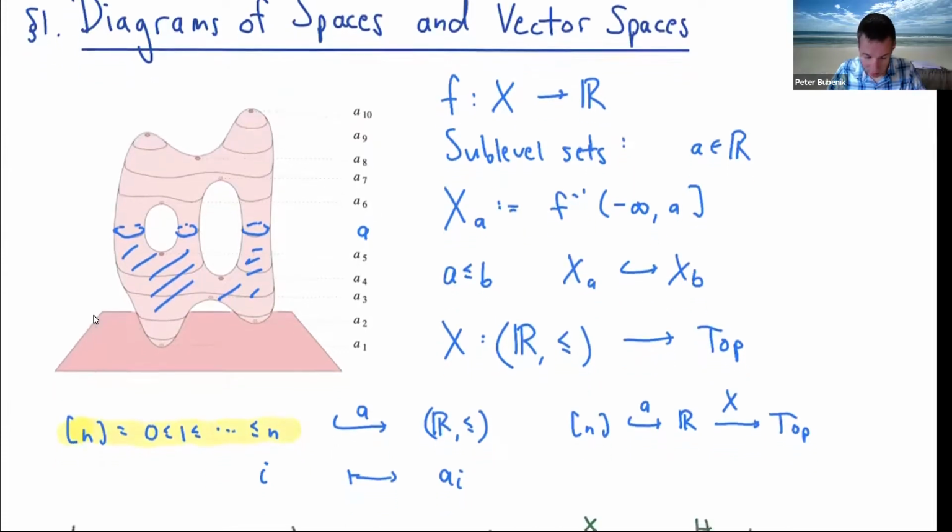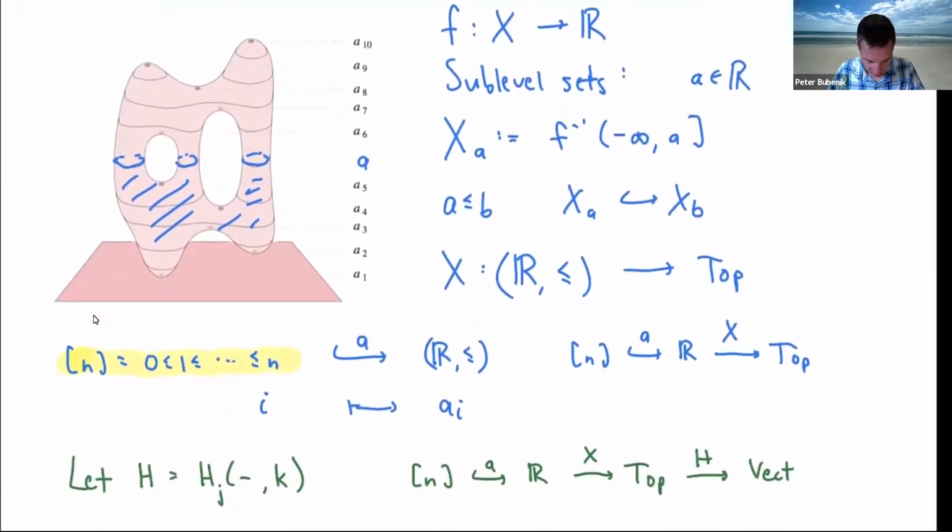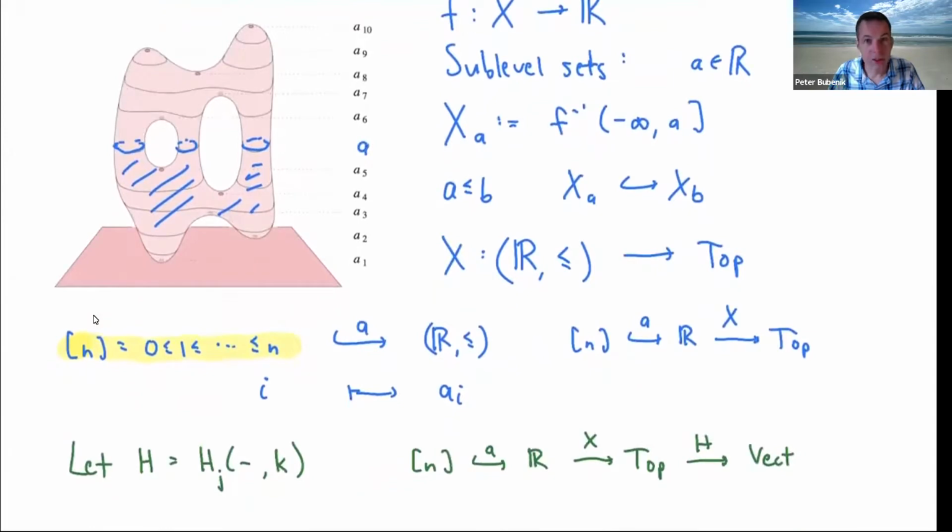With these diagrams of spaces, we apply homology. Fix a degree j and some choice of field k, and then we get a diagram of vector spaces, which we can represent as this composition of functors, if we're inclined to do that.